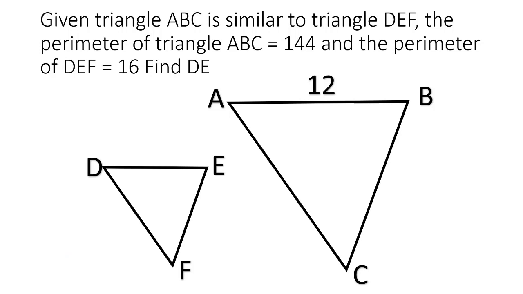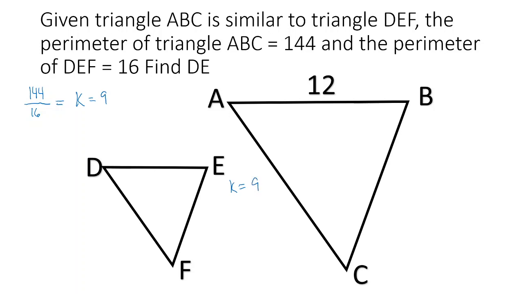One is to set up a proportion in which we find the K value. So we're going to take the image, 144, and put it over the pre-image of 16 in order to find the K value. So 144 divided by 16 gives me a K value of 9. So the K value between these two is equal to 9.